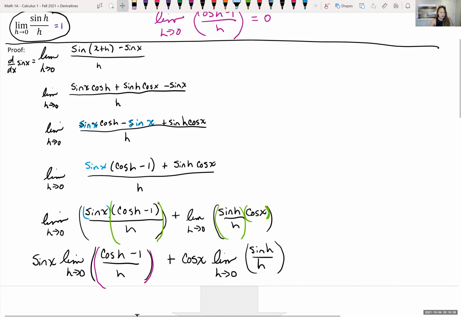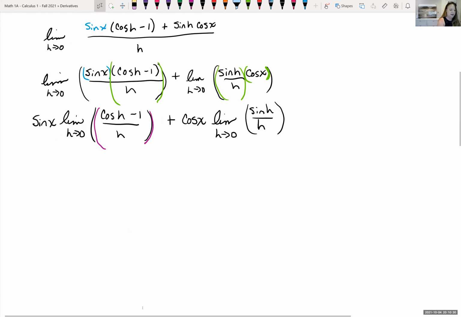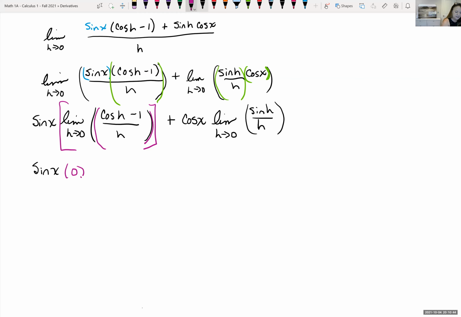And so in front there, we have sine of x. Now taking that limit, we know that the limit as h goes to 0 of cosine of h minus 1 over h is equal to 0, plus cosine of x times the limit of sine h over h as h goes to 0. We talked about that the limit was 1.